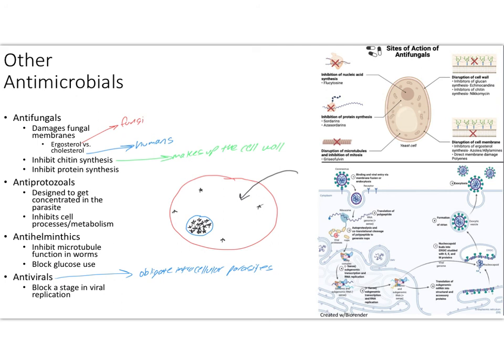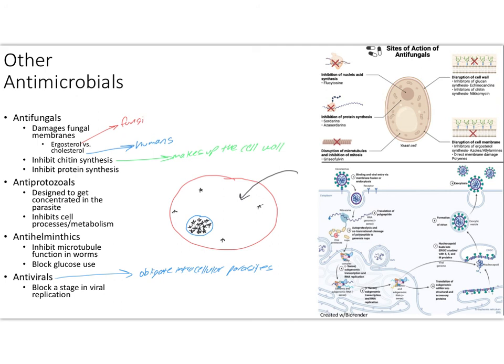They might interfere with the capsid coming apart, and therefore the viral genetic material can't get into the cytoplasm of the cell and can't replicate. They might interfere with synthesis of the viral nucleic acid. They might interfere with the capsid proteins themselves when they're getting put together. They might interfere with the ability of the virus to be able to leave the cell.